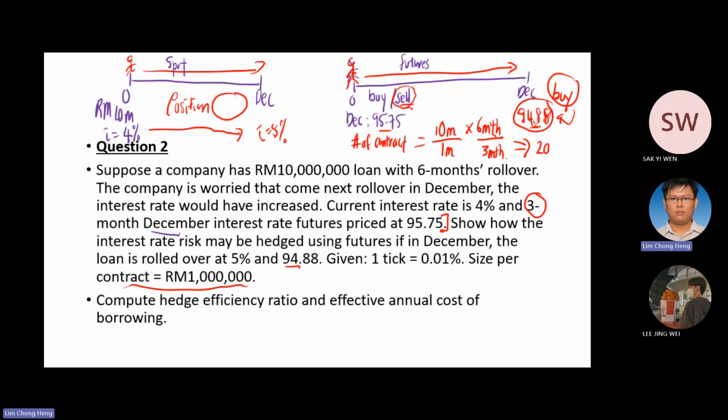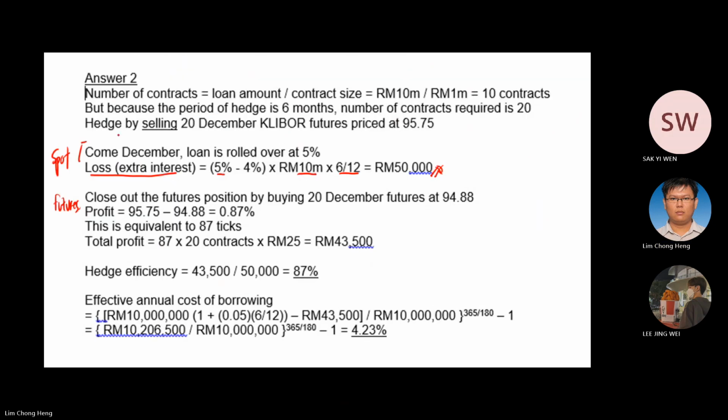So initially you sell, then you buy back. Then you have a profit: you sell at 95.75 and then you buy back at 94.88. So you have a profit of 0.87%.